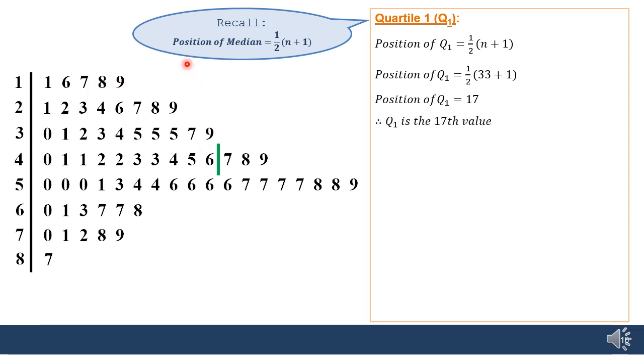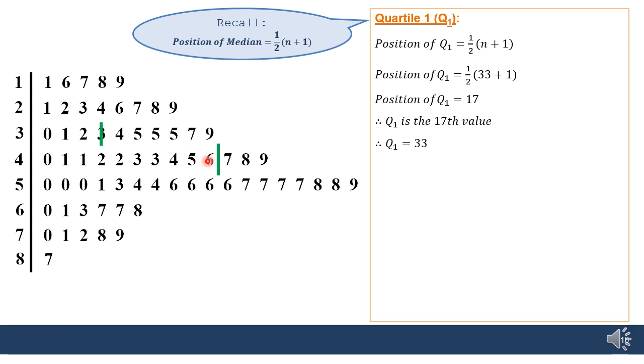And the 17th value is 33. Now to double check that this is right, remember that I'm trying to split the data into equal portions. So I count 1, 2, 3, 4, 5, 6, 7, 8, 9, 10, until I get, this is the 16th value. So if I start counting from here to this point, I should also get 16, and on and on.